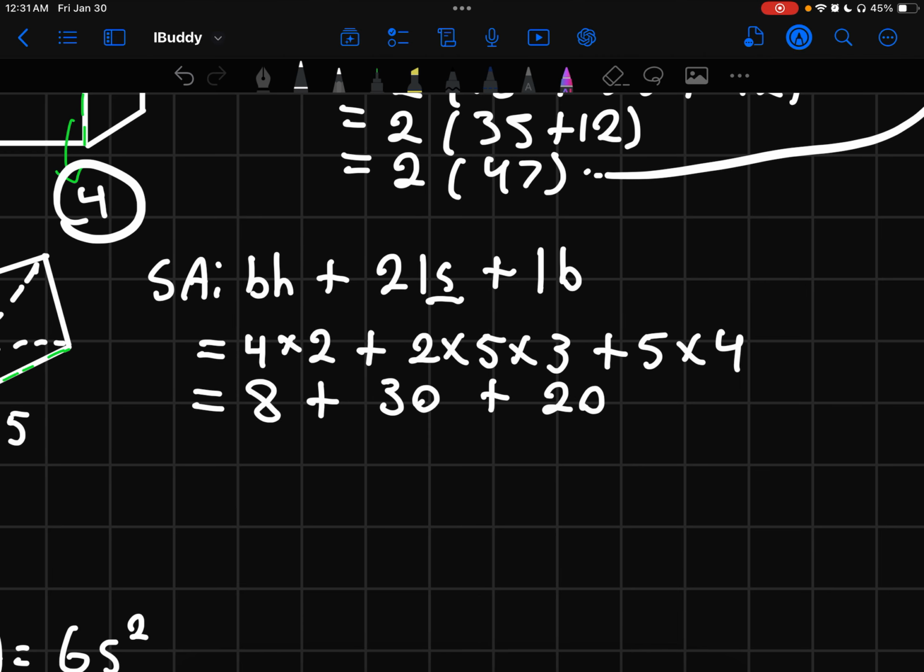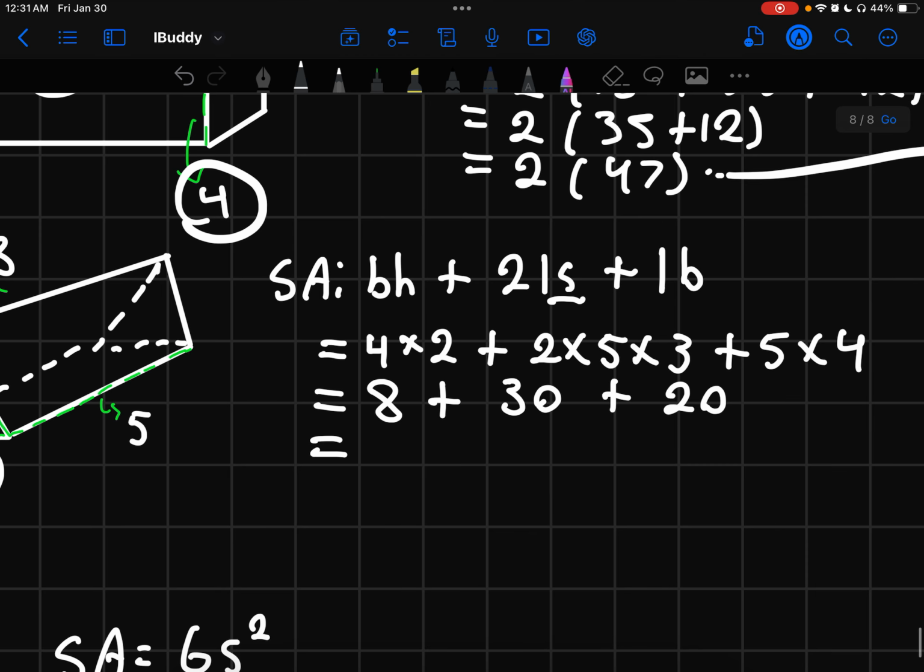Okay, so here then this should be equal to, actually, this should be equal to 58 units squared for the surface area.